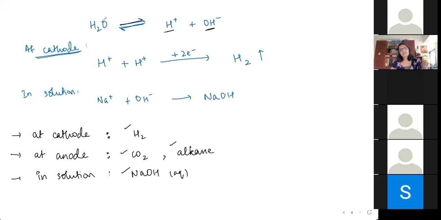It's not that they dissociate and stay as ions permanently. They dissociate, and then opposite charges attract and they associate. So at one point this molecule is dissociating, at another point that one is dissociating. Everything is in constant motion at all times.